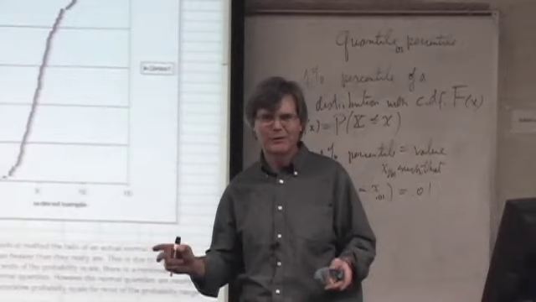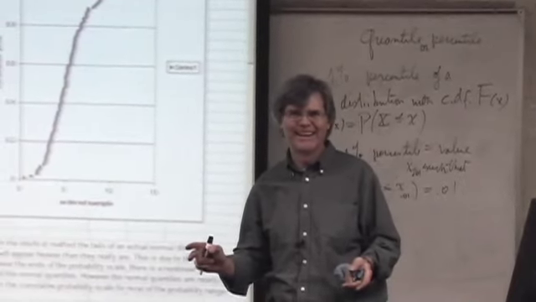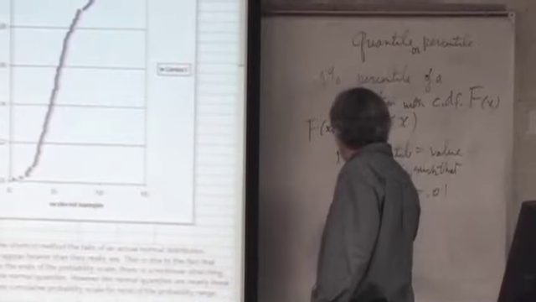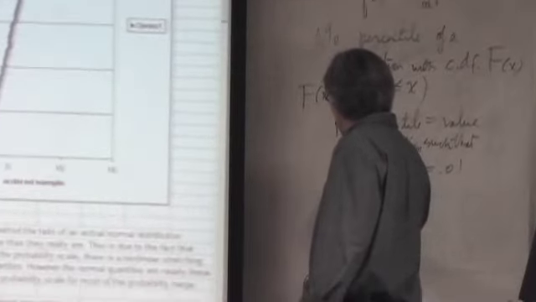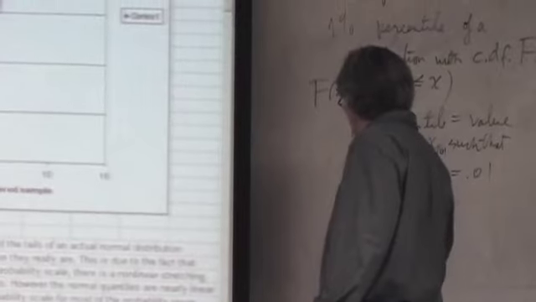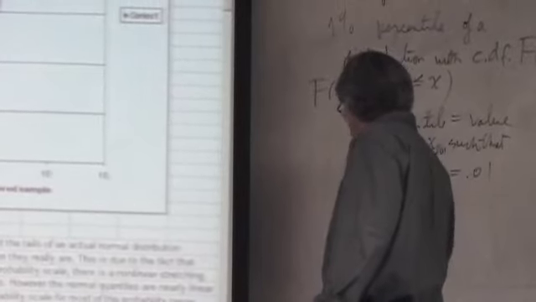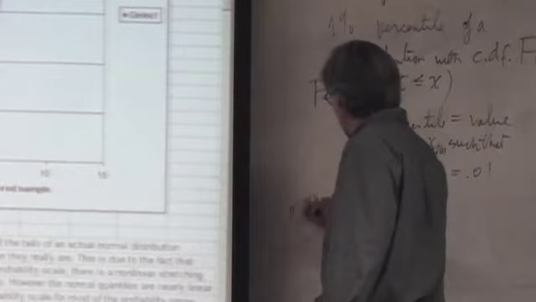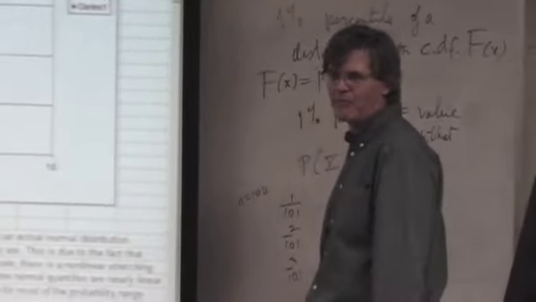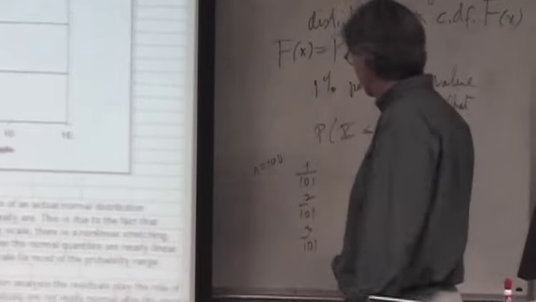So to correct for that, I'll replace 100 by 101, and I'll look at 1 over 101, 2 over 101, 3 over 101 for n equals 100, and the corresponding percentiles. So I'll just adjust a little bit.